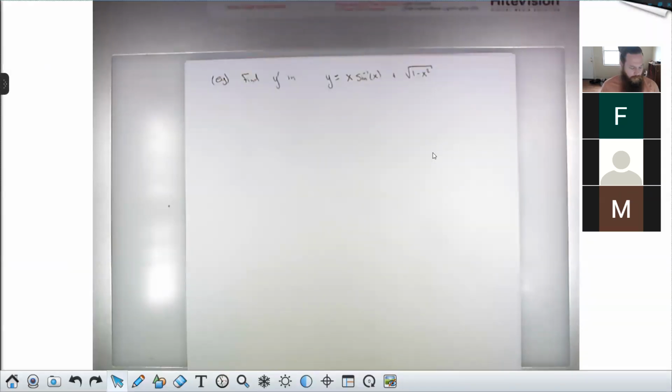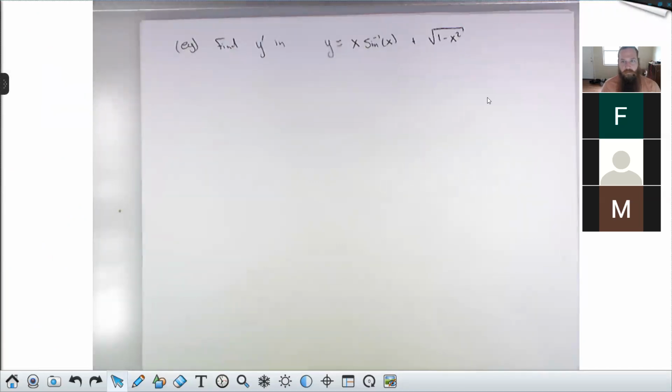As someone who does a lot of Calc 2, this is a fun problem because it's kind of foreshadowing something that you'll be learning later. This is a little bit of foreshadowing for something called integration by parts. But for us, it's just a good differentiation problem.